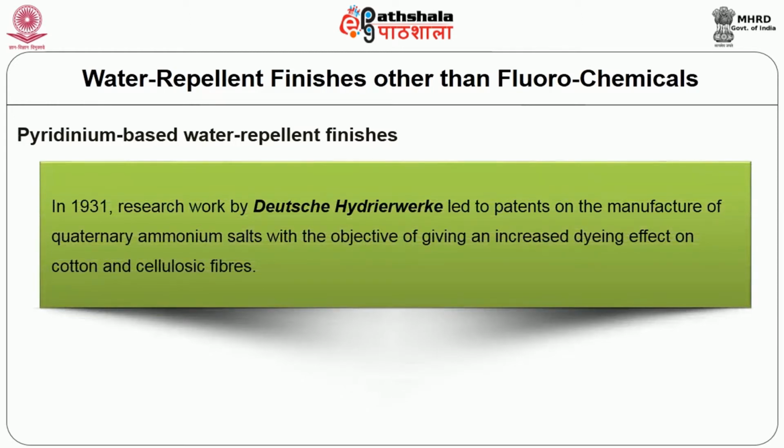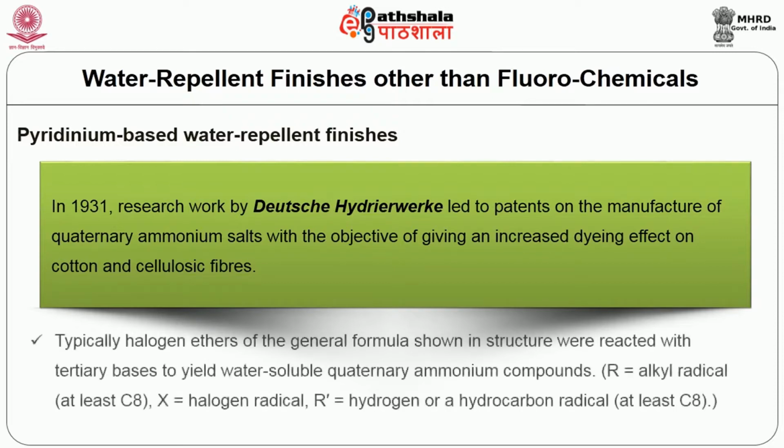In 1931, research work by Dutch Heidrijk led to patents on the manufacture of quaternary ammonium salt with the objective of giving an increased dyeing effect on cotton and cellulosic fibers. Typically, halogen esters of the general formula were reacted with tertiary bases to yield water-soluble quaternary ammonium compounds.